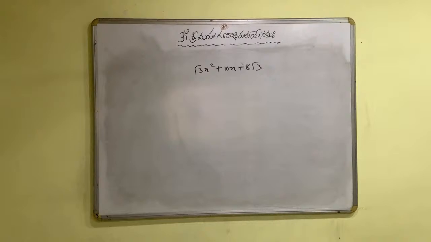Very good. A into b is 24. What is a plus b? Ten.